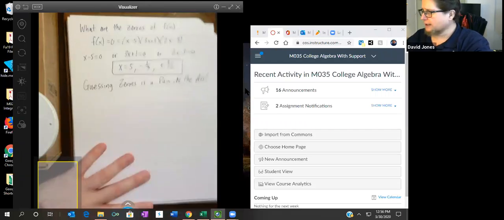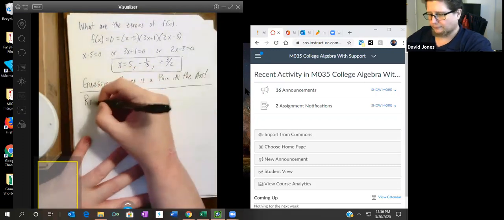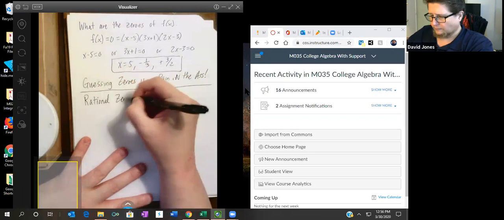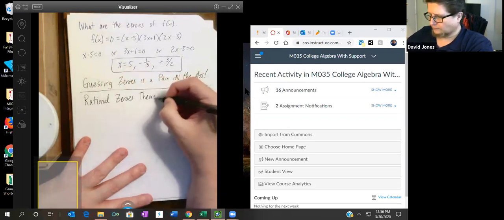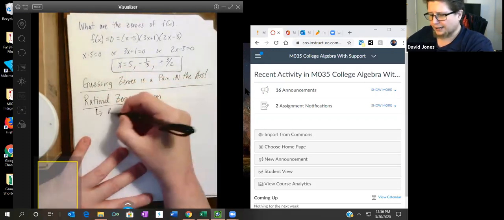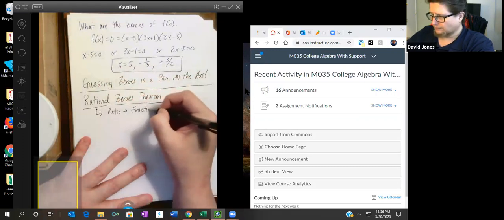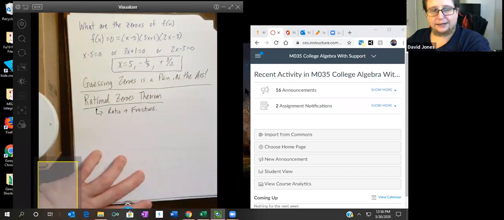The first one is called the Rational Zeros Theorem. Rational has ratio in it, which means fractions. We can have fractional answers like we did. Negative 1/3 and 3/2 are fractions.